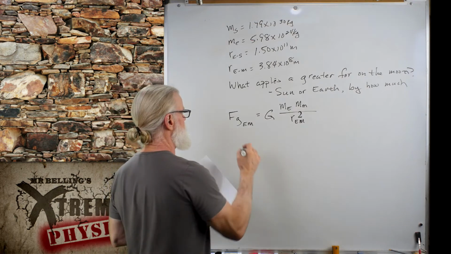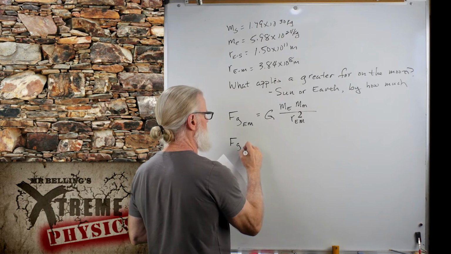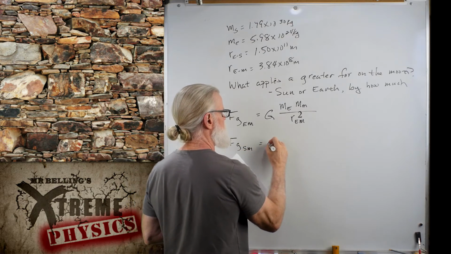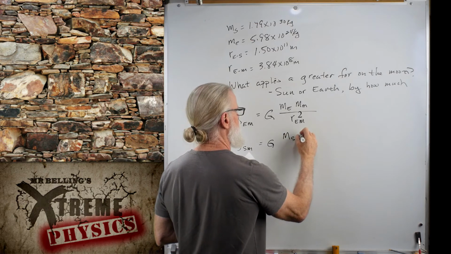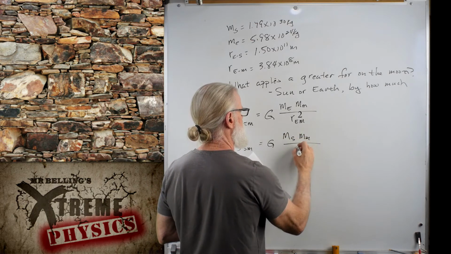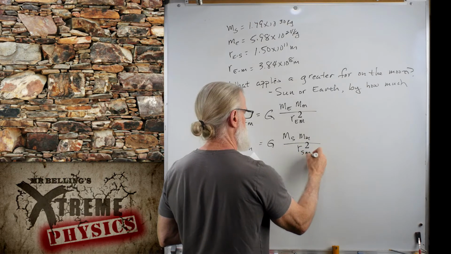And then we've got the force of gravity of the sun on the moon equals G, mass of the sun, mass of the moon, divided by the distance between the sun and the moon.